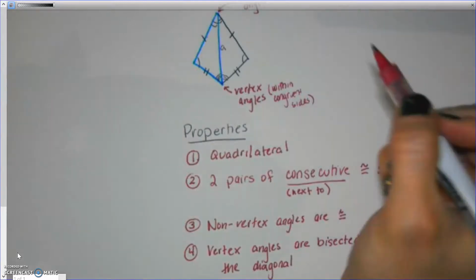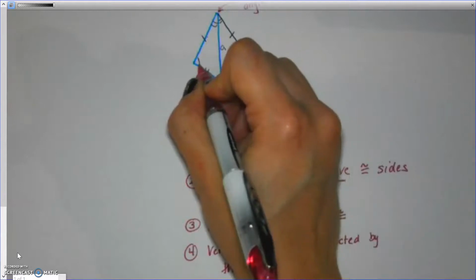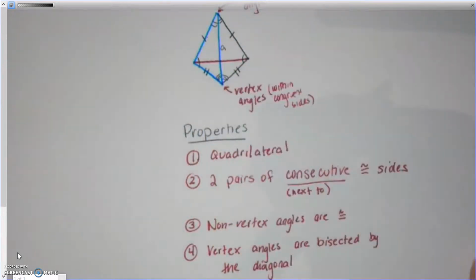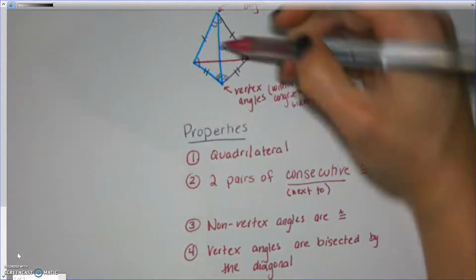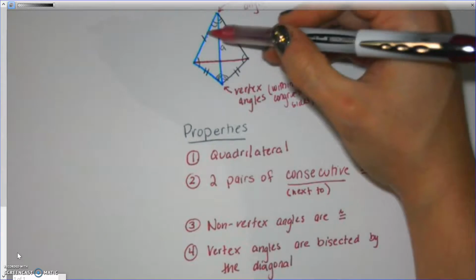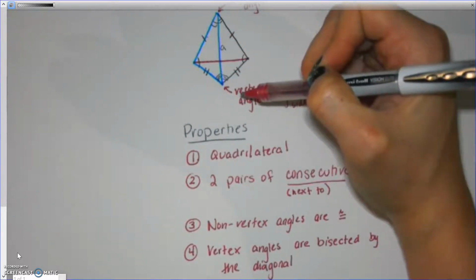Our last characteristic, or I suppose our last two characteristics, is what happens when we draw our other diagonal. Well, what two triangles did we just create here? This triangle up here is isosceles, and this triangle is isosceles.